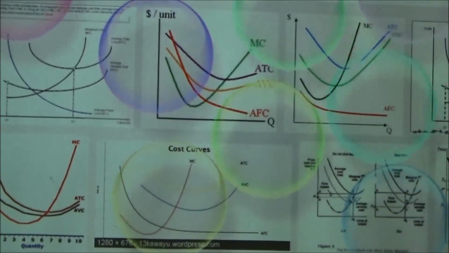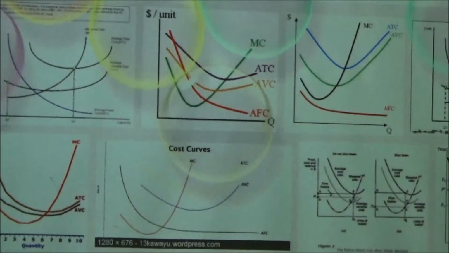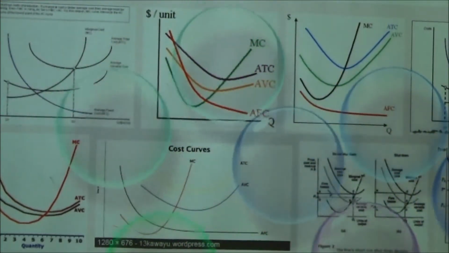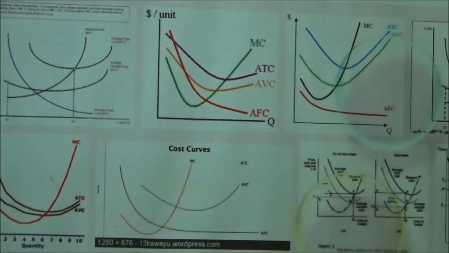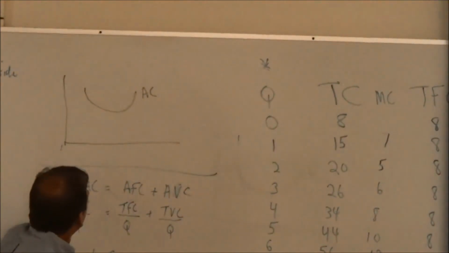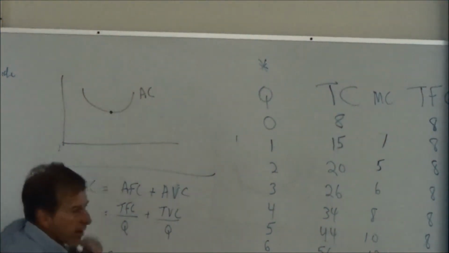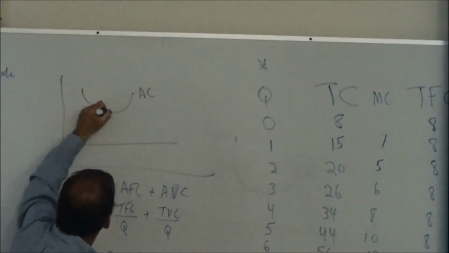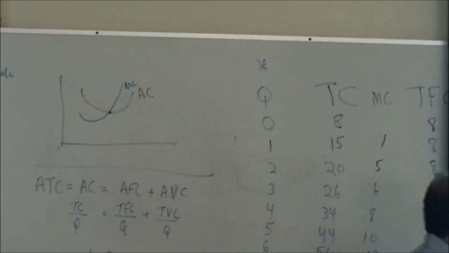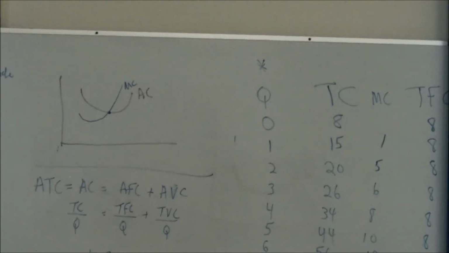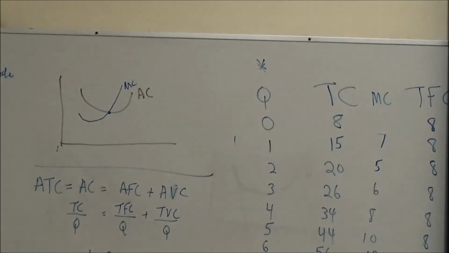So whenever you're drawing your picture, if I'm drawing my average cost curve like this, then I go to the minimum point, which is right there, and I draw my marginal cost curve swooping through there. It always goes through there. And then the next one is probably the most important.